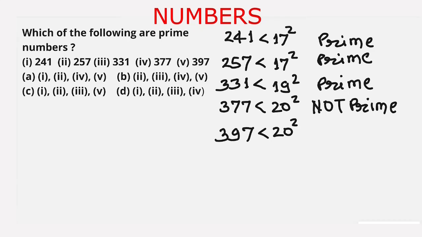It is not divisible by 5 as the ones place is not 0 or 5. We verify for 7. 7 times 5 is 35. Balance is 4. We carry 7. 47. 47 is not divisible by 7 as 7 times 6 is 42 and balance is 5 which is not divisible by 7. So 397 is not divisible by 7.